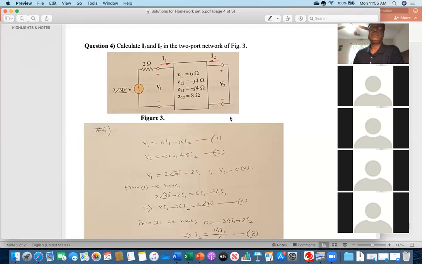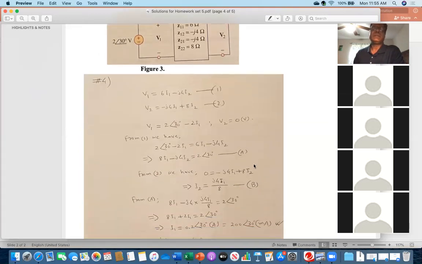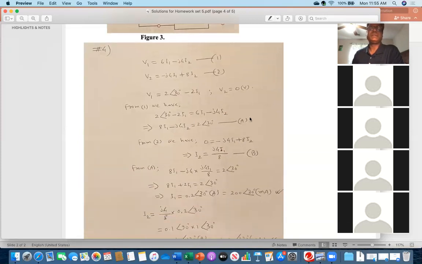And then V2, because this is short circuited, it is 0 volts. Now plug in those numbers. So from equation 1 we get, after plugging in the V1 value, this one. After simplifying, this is equation A. And from 2 we got, after plugging in V2 equal to 0 volts, I2 is this.